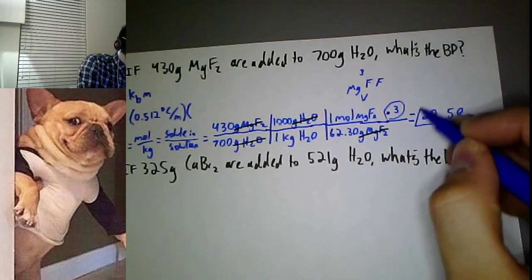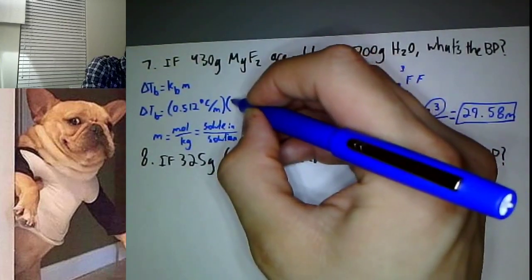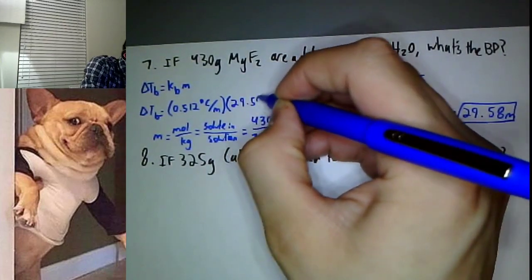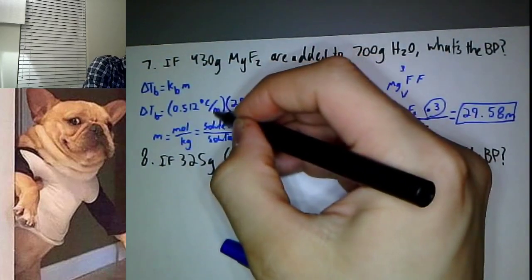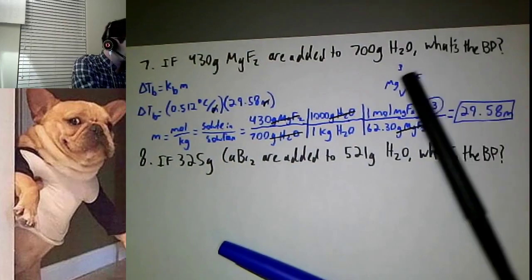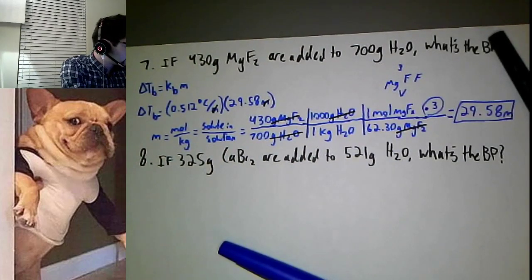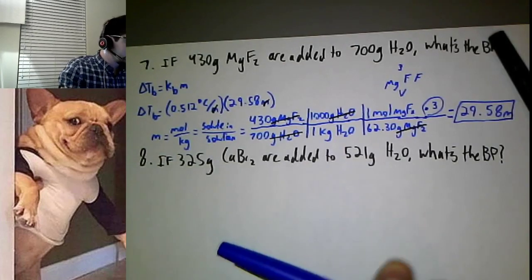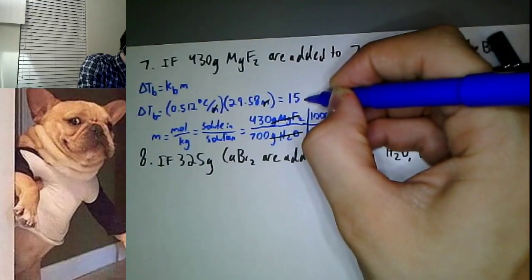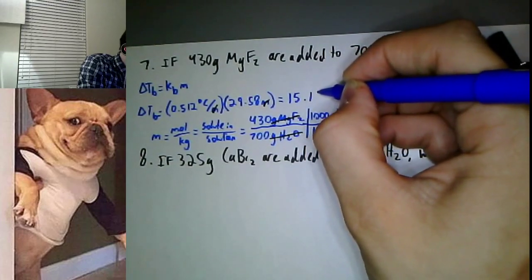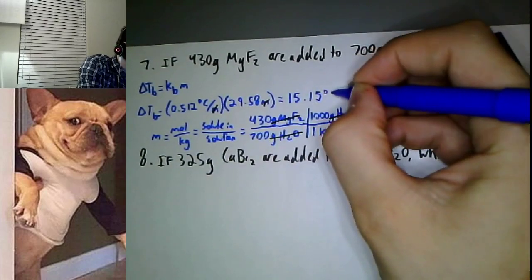Now that I have that, I can plug it into my equation, because that's what I needed. When I multiply these, my two m's cancel out, and all I have to do is multiply 29.58 times 0.512, and I got 15.15, and then degrees Celsius is my unit.